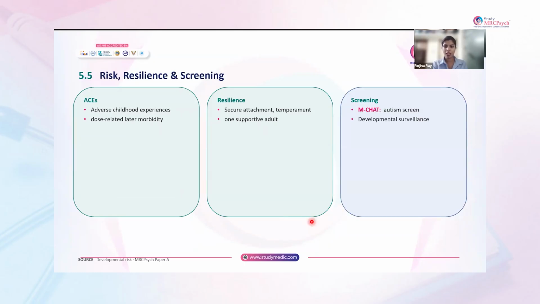The most important protective factor is the presence of a simple, consistent, and supportive adult. Even if it is not the parent, the presence of one supportive adult who is constant is very important, who can buffer the toxic stress response.